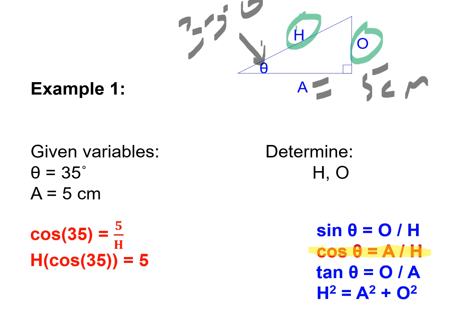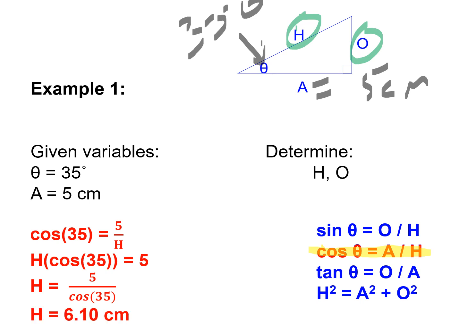Now we need to get H, which would be our x, or our unknown variable, by itself. So if we multiply H to both sides, we get H cosine 35 equals 5. It's still not by itself, so we have to do one last thing. If we divide each side by the cosine of 35, we get H equals 5 divided by the cosine of 35.